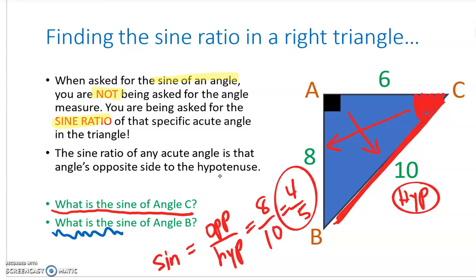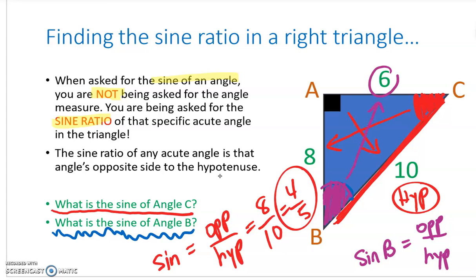Next question, what's the sine of angle B? Well, angle B is just simply the other angle. Let's use a different color. So angle B is down here. But again, so we say the sine of B, that means angle B is the opposite side to angle B divided by the hypotenuse. So the opposite side to angle B across the triangle is 6. And the hypotenuse is still 10.